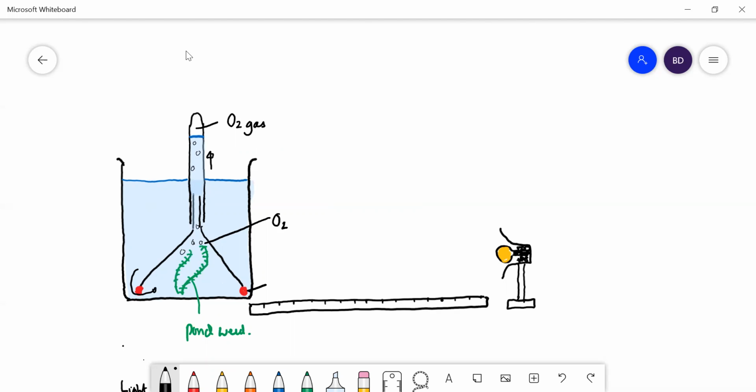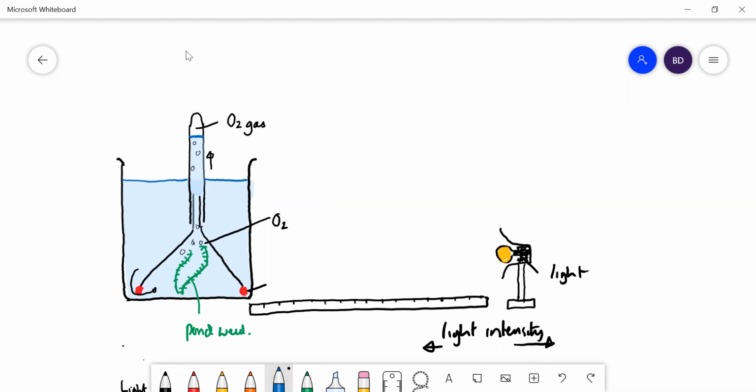Okay, of course, I forgot to mention we've got our light here, and we're going to change the light intensity by moving the light closer or further away to the beaker where the photosynthesis is occurring. Okay, so let's think about our variables for the experiment.